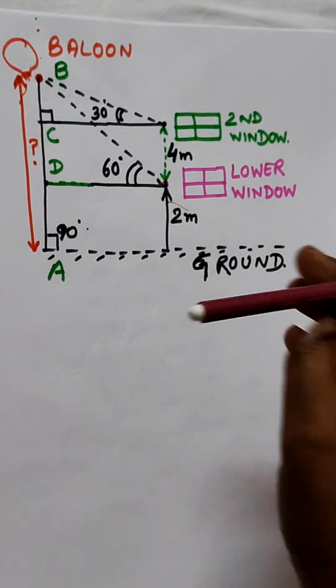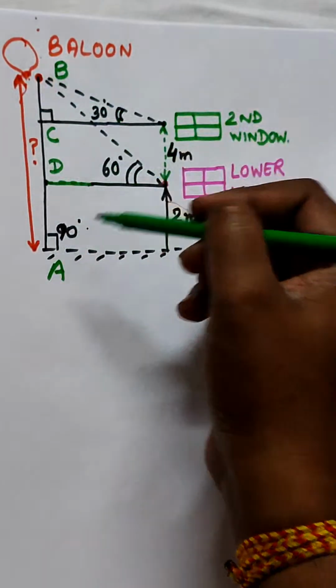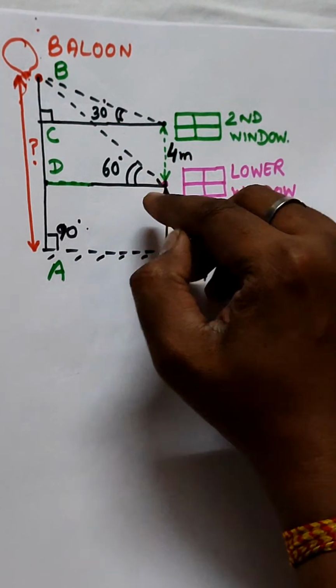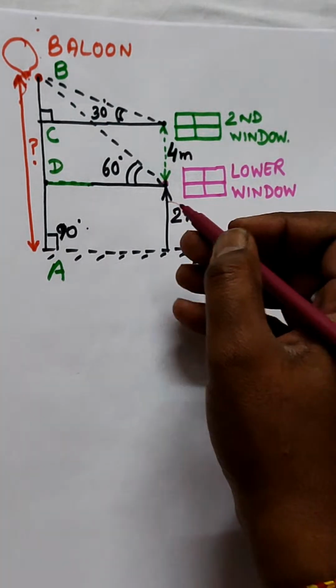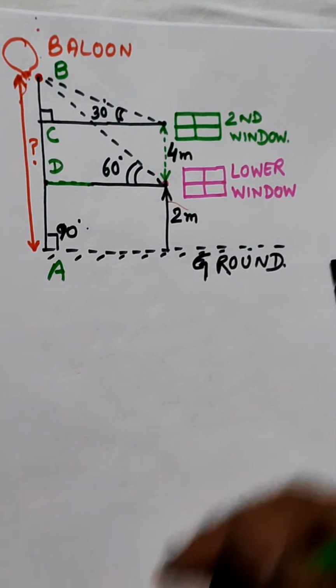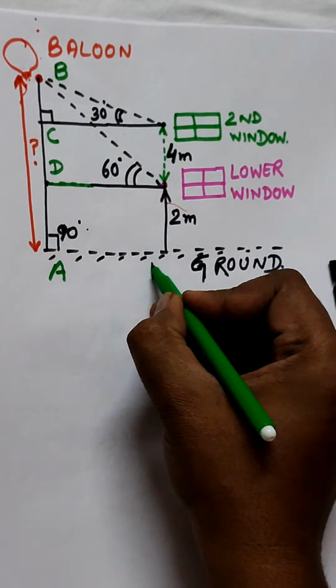Now we need to find the length of AB. It's a very easy question because we have two triangles. Also this part is left, so let us name it. Let's say it's P.